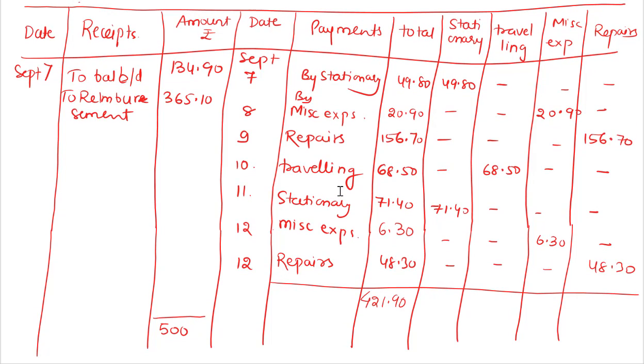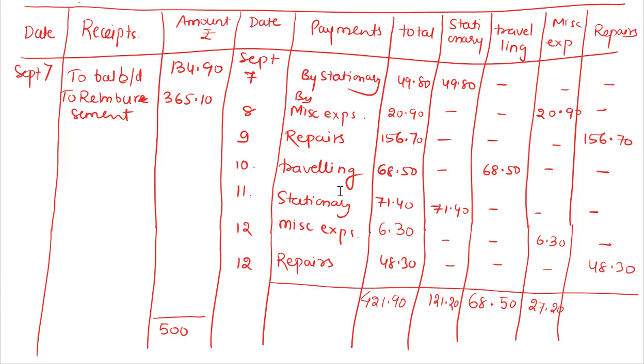Let's make a total of this also. Stationery 49.80 plus 71.40, the total is 121.20. Over here it is 68.50. Over here it is 20.90 plus 6.30, 27.20.